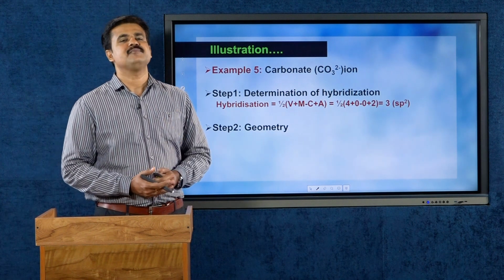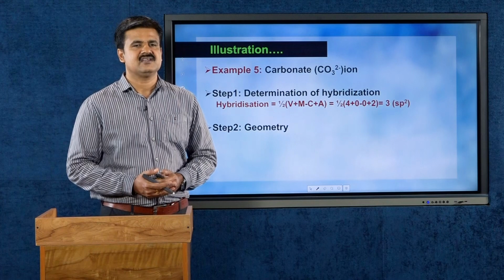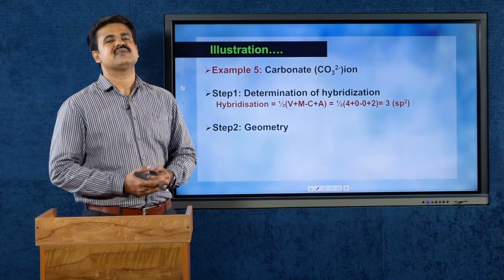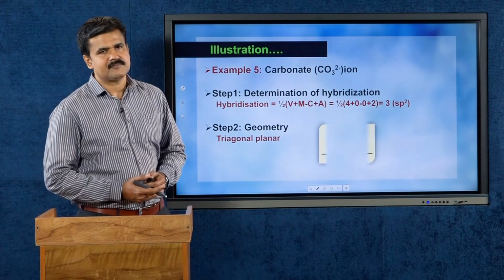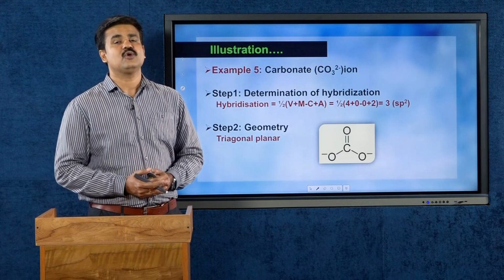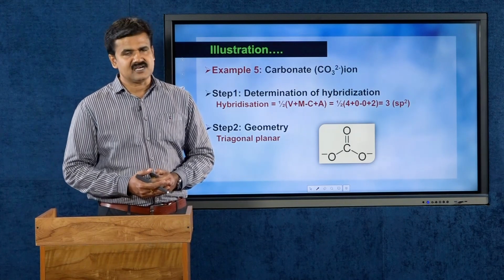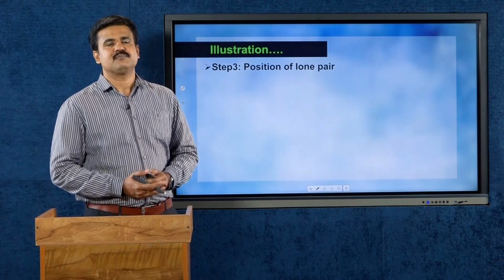In the second step, you can determine the geometry of the carbonate ion from the hybridization. The hybridization is sp2, so you can say that the geometry of the carbonate radical is trigonal planar. This is the geometry of the carbonate radical. Here you cannot see any lone pair of electrons on the central atom carbon. So you need not consider the position of the lone pair.